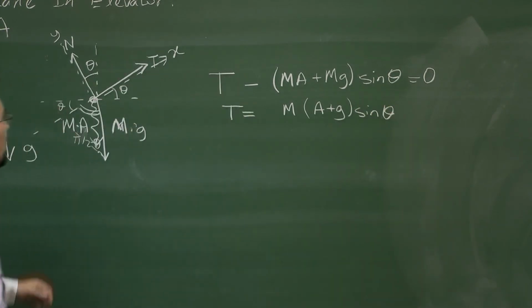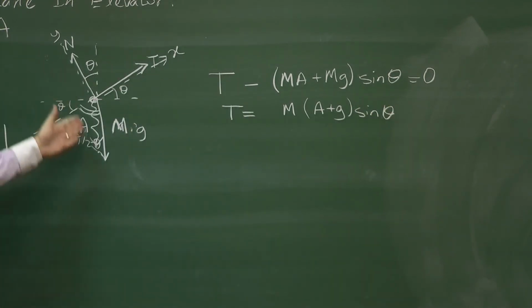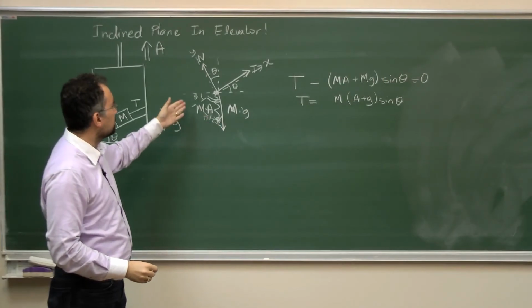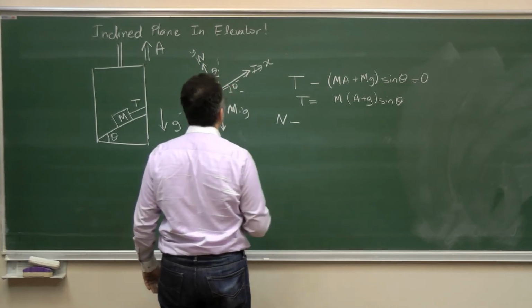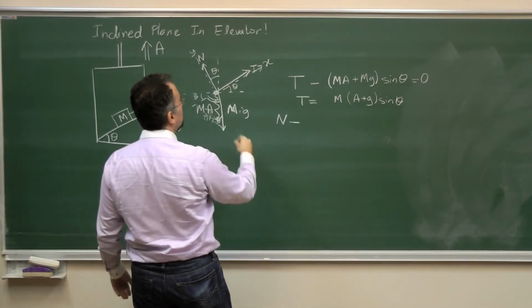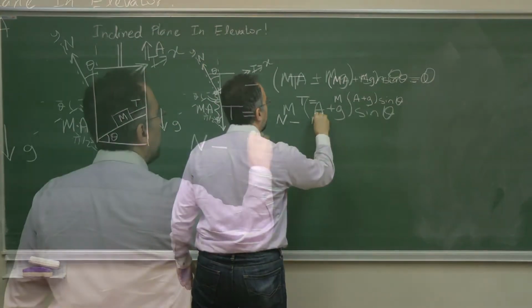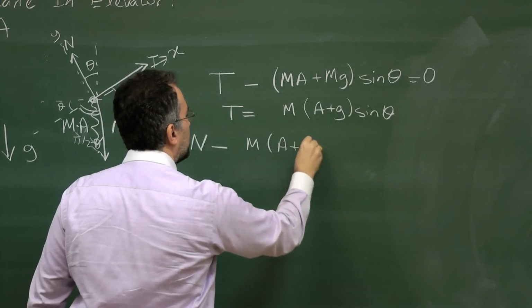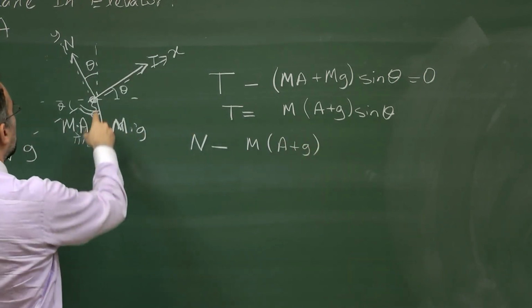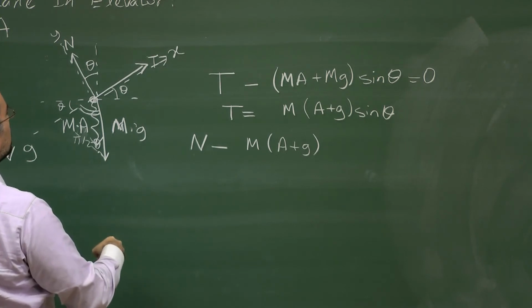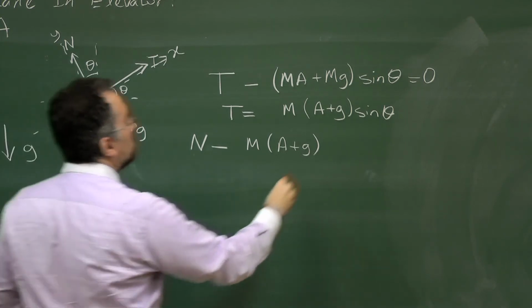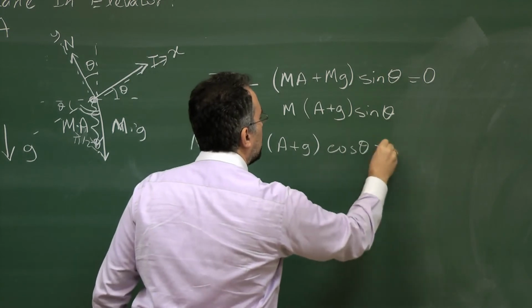Now, if I write the other equation, it will turn out to be N minus, in the opposite direction, m(a plus g) cosine theta equals 0.